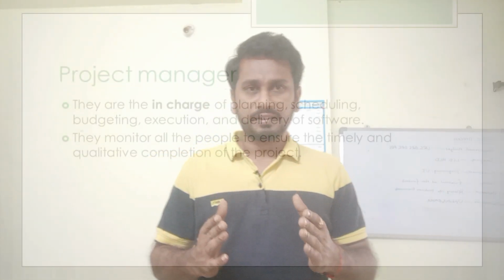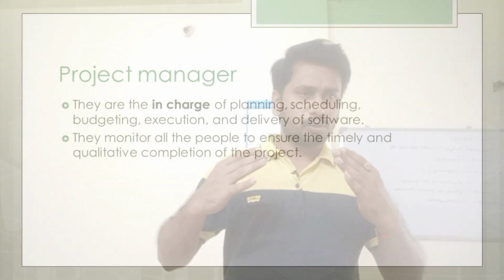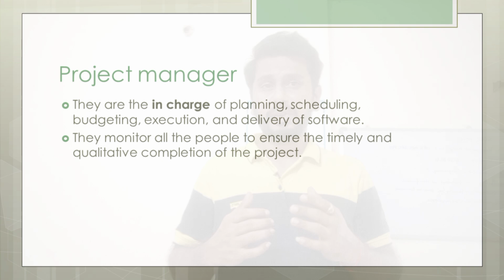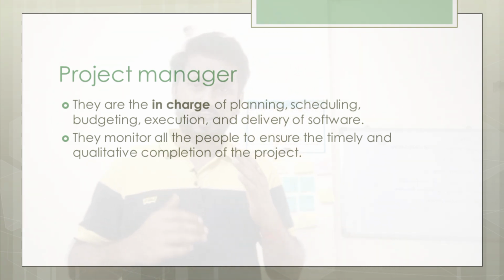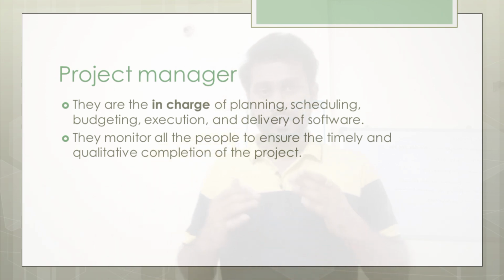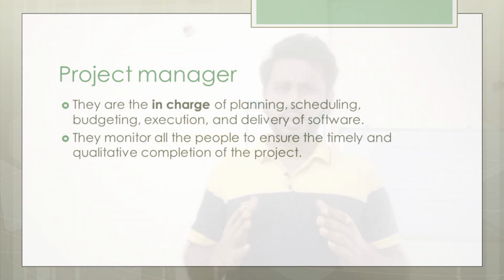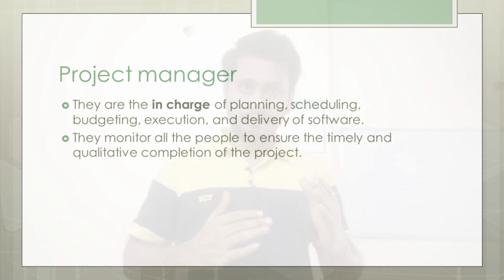He will plan, he will schedule the development process, he will look after the budgeting, and he will look after all execution of the software development process, and he will be responsible for the delivery of the final software. He will monitor all the teams like the development team and the testing team, and he will ensure the project is delivered in time with quality.